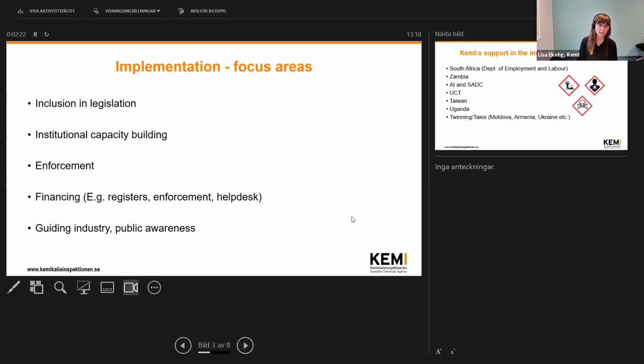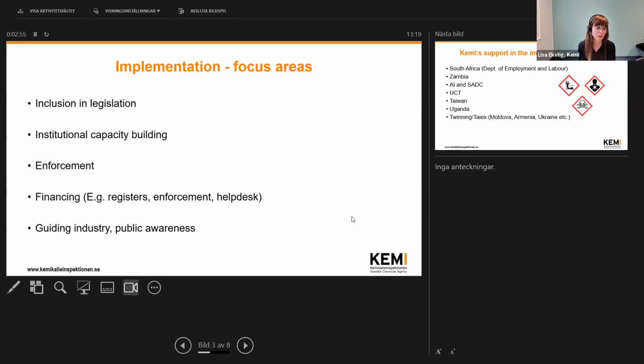When supporting countries and institutions in implementing the GHS, these have been the focus areas for KEMI the last years. First, the inclusion of GHS in legislation is the most important step because it gives the incentive for the industry to implement GHS fully.